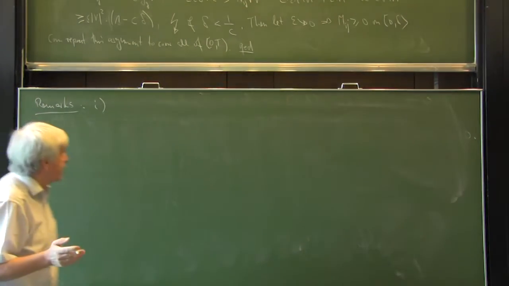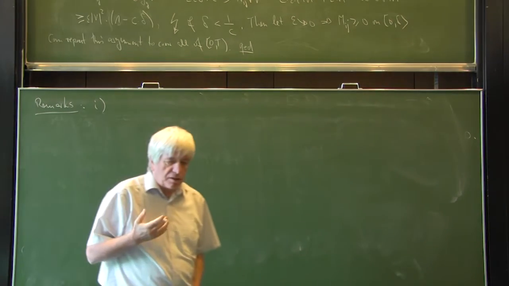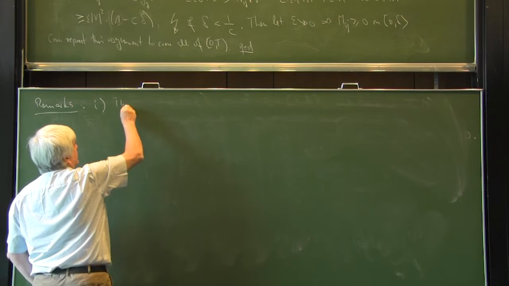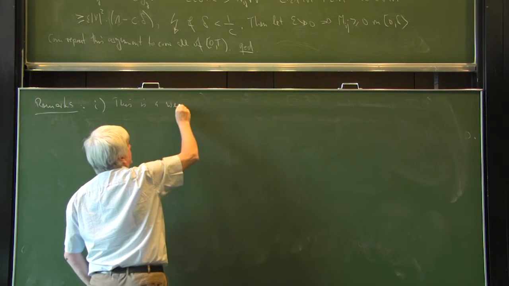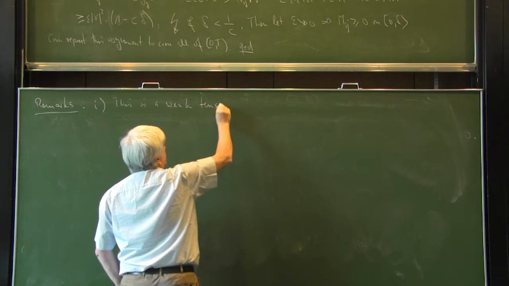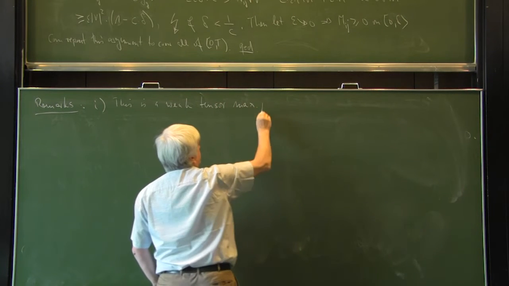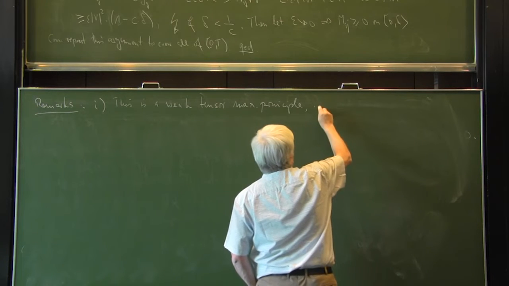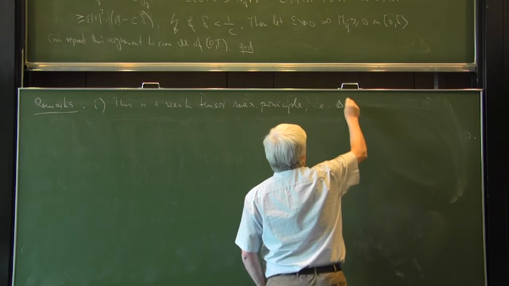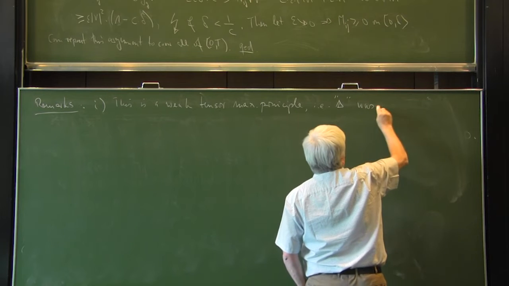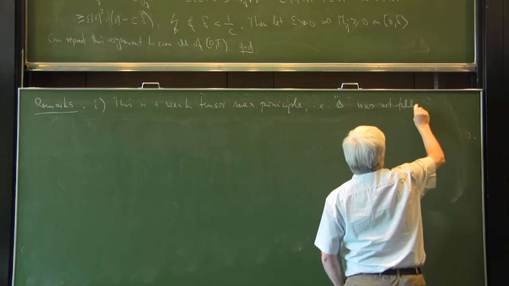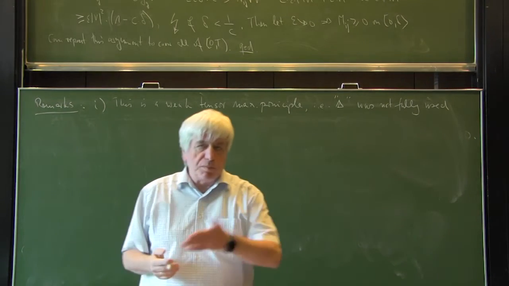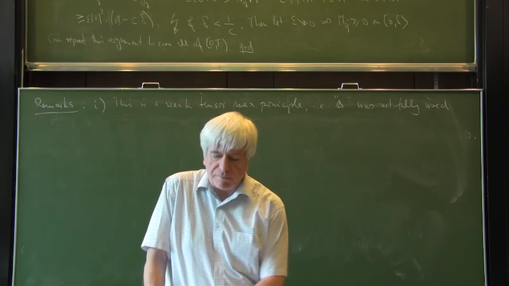We were not using the Laplacian and the strict ellipticity of this operator at all. So we just used the weak maximum principle. This is a weak tensor maximum principle, i.e. the Laplacian was not fully used. We just used the simplest property of the Laplacian to be non-negative on a scalar function which has a minimum.